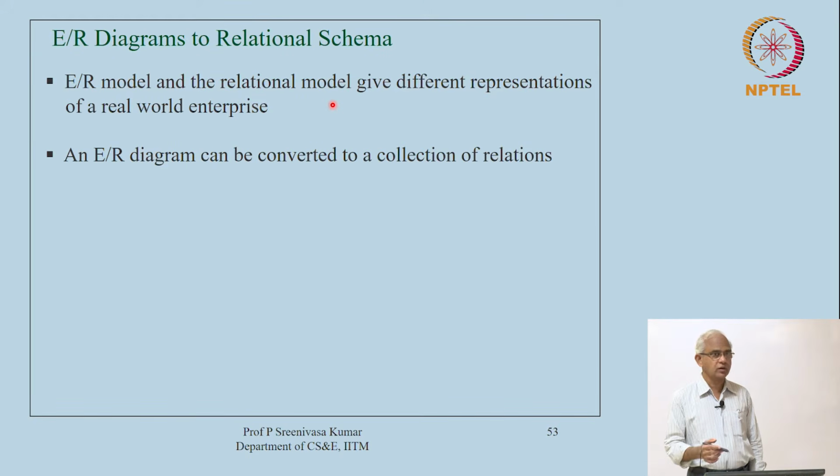So, notice that in the ER model context, we have these two concepts, the concept of an entity type and the concept of a relationship type, and of course, there are variations of this entity type like strong, weak and all that. Okay. But when it comes to the relational data model, we have only one, the concept of a relation.